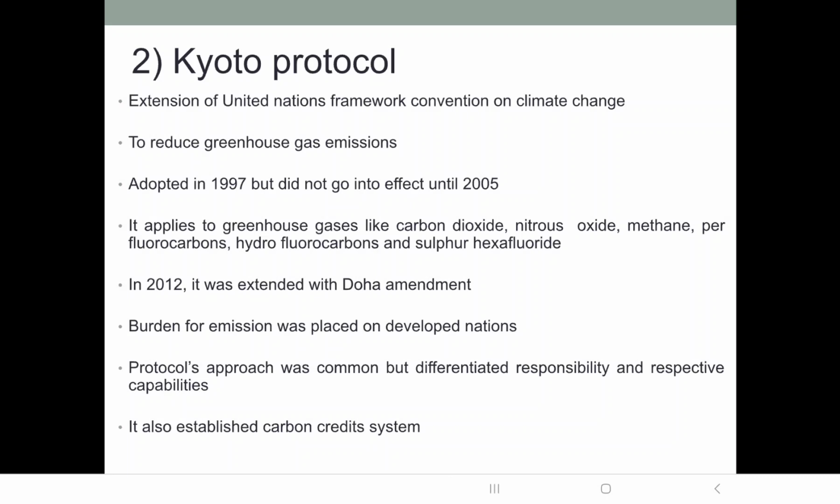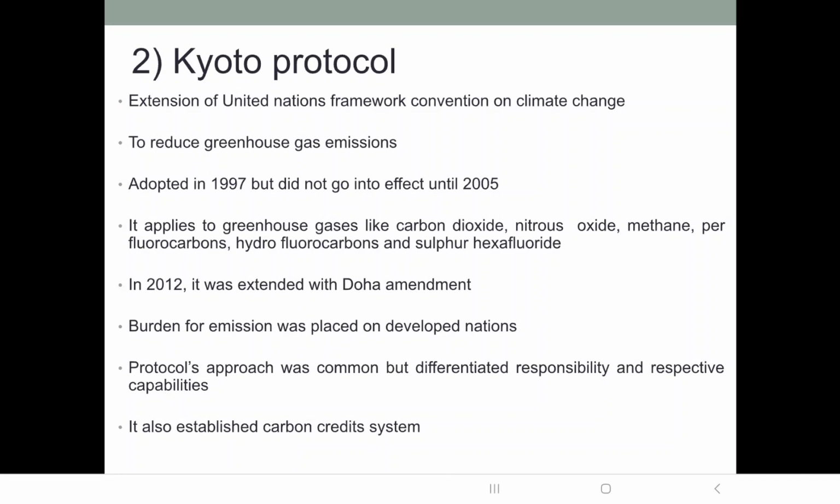Suppose a country finishes its carbon credits, it cannot emit more than those credits. So to earn credits, it has to do a cleaner technology project in a developing country. This is how the principle of common but differentiated responsibility and respective capabilities is established.